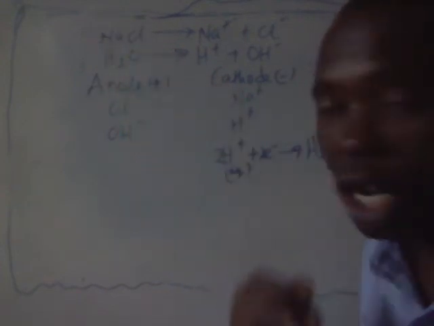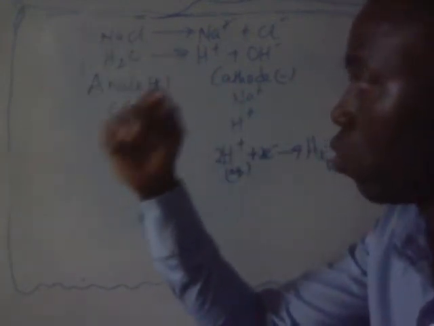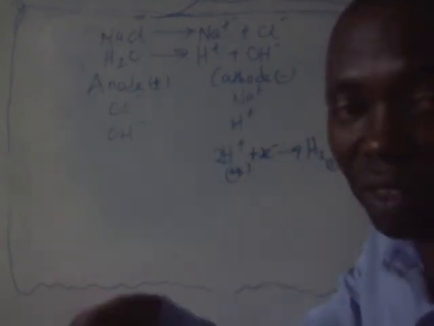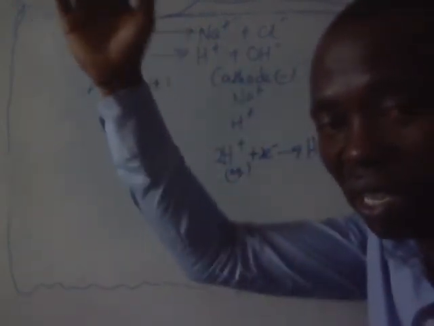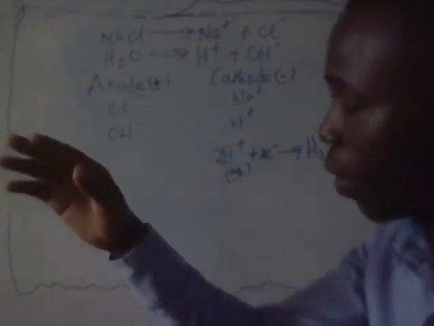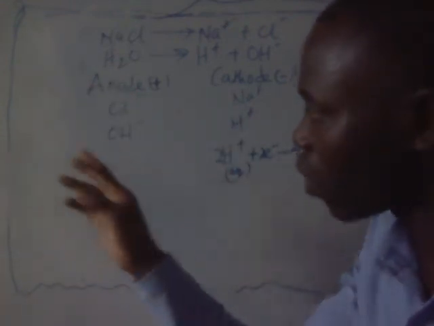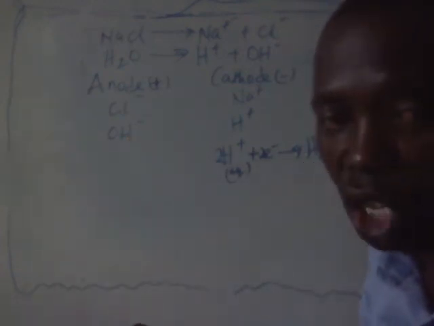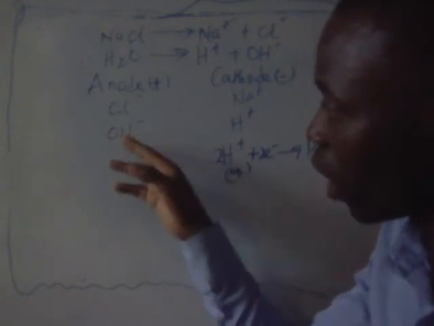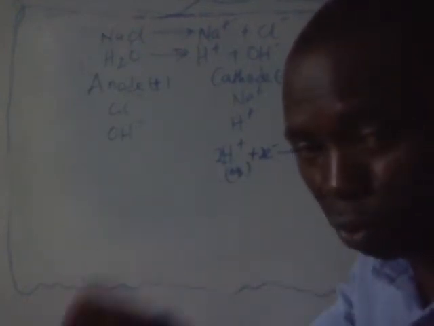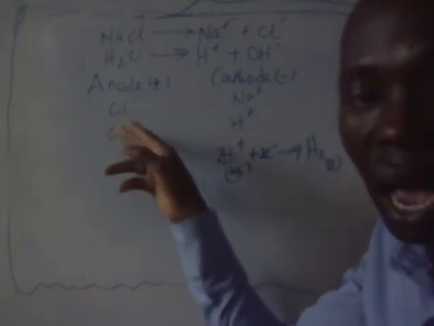That is, Cl- is above OH-, so Cl- will displace OH- from the solution. So hydroxide ions will be out of the solution, and whenever hydroxide ions are out of the solution, they turn into water as a product at that electrode.